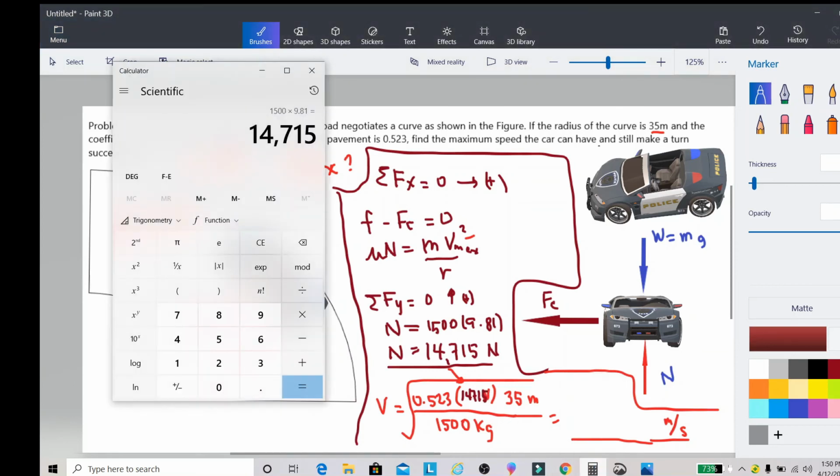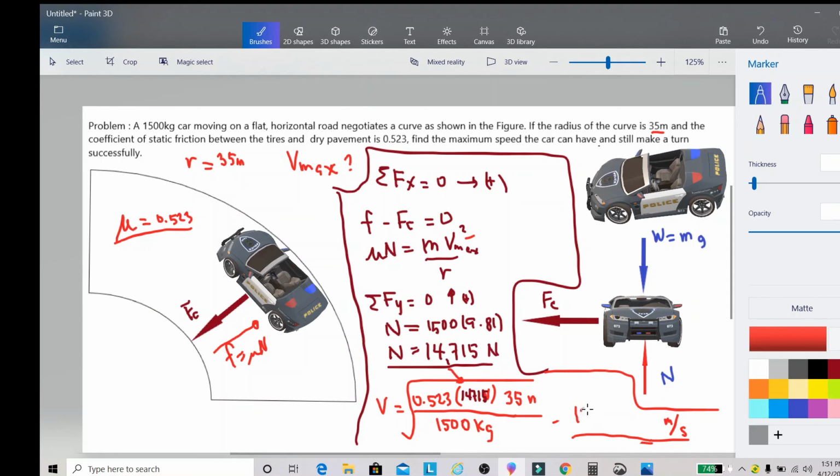We grab the calculator again, we multiply that by 0.523, that's the mu, times 35, and divide that by 1,500, and we extract the square root. So we have 13.4004. That will be our answer. I hope this one can help.